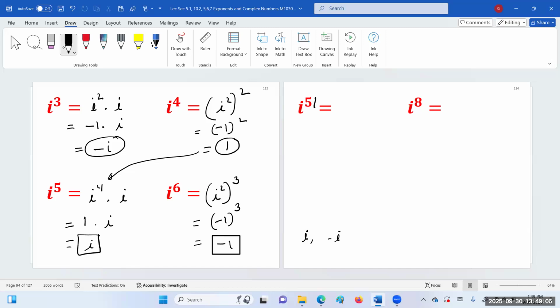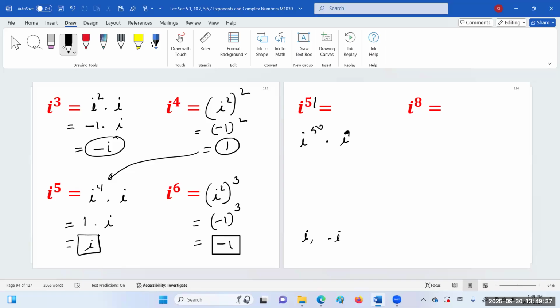Because i squared will give you a -1, right? So i to the 50 and i to the 1 will give you i to the 51. 50 and 1 gives you 51. So split your 51 into 2 pieces, 50 and 1. Now 50 is an even number, right? That means you have either 1 or -1 as choices.